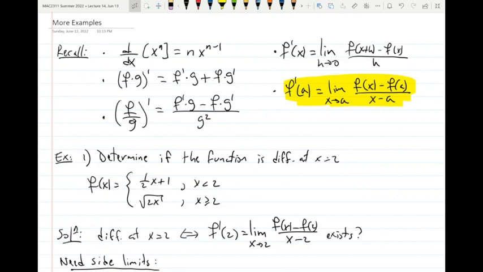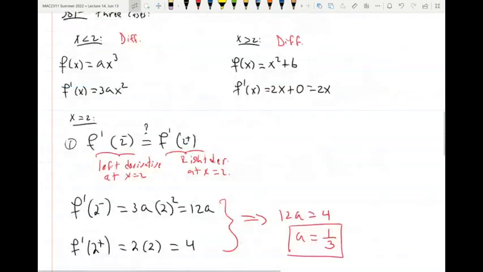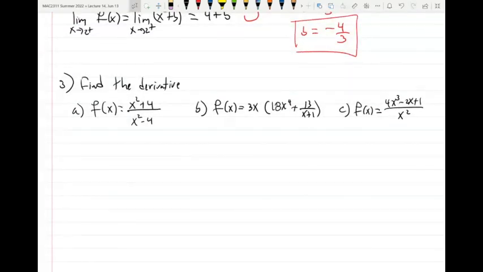Remember, F stands for the top and G stands for the bottom. Okay? The way I like to read this is derivative of the top times the bottom minus the top times the derivative of the bottom, divided by bottom squared. Okay? So when you see me doing the problems, I'm going to be saying these things out loud. And remember to always simplify as much as you can.